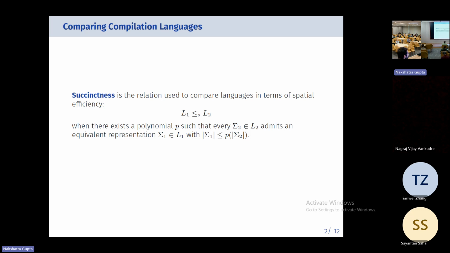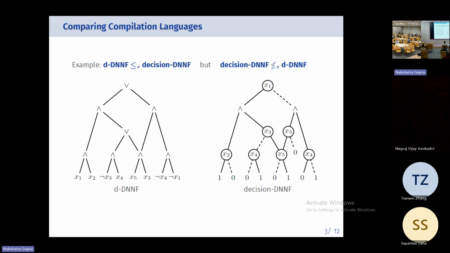So you don't lose that much space by going from L2 to L1. That's the succinctness. And just to give an example that will allow me to introduce the kind of circuits I've studied in this paper, the decision DNNF, I'm going to give you the succinctness relation between d-DNNF circuits and decision DNNF.